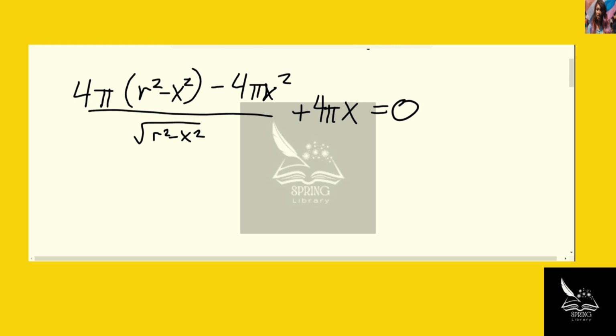Solving for x, I have x equals, on one side I have the radical function, negative r squared minus 2x squared over the square root of r squared minus x squared.